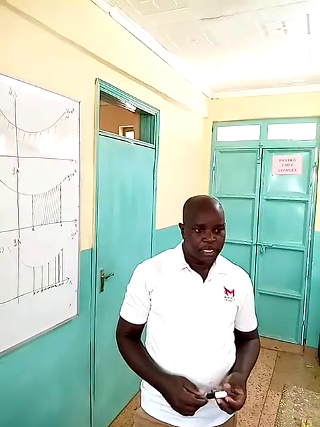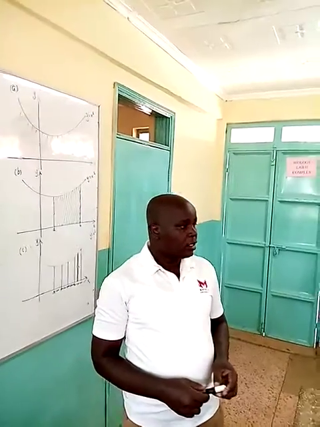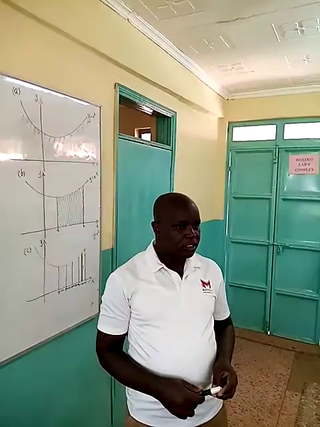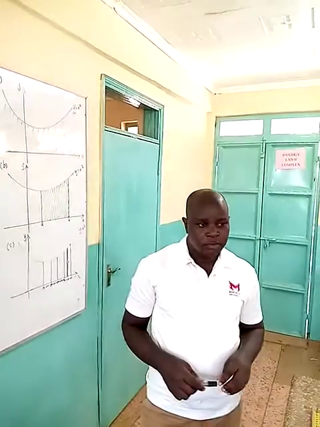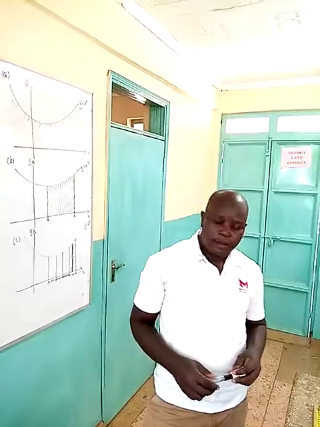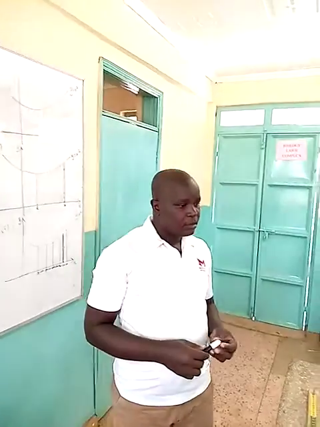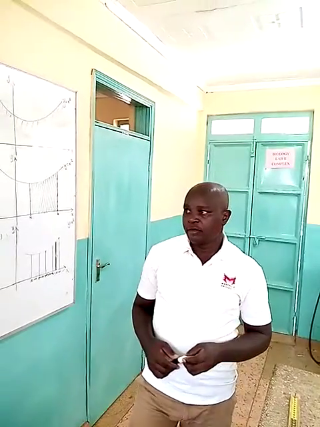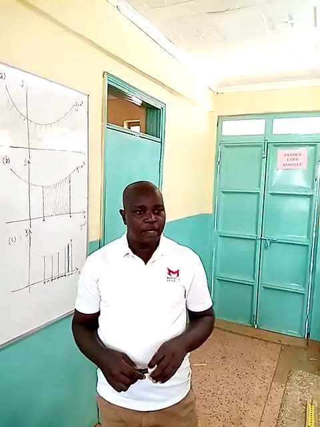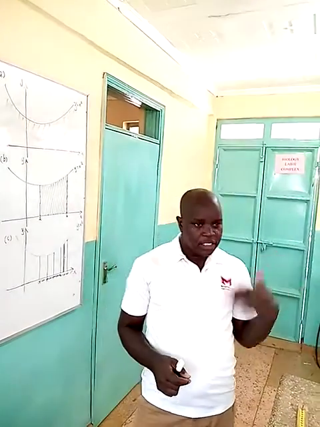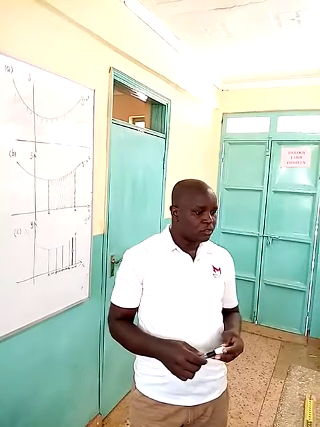And just to remind ourselves of what we said, we noted that in integration, for each term, we add 1 to the power and we divide by the new power for each and every term. That is what we say. And then we get a general function from which the derived function was obtained.